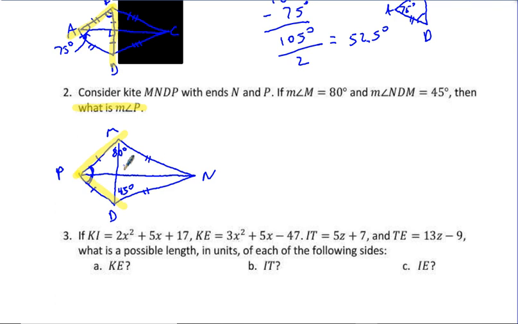The other information that we can place on this image is that this is a perpendicular bisector. PN was a perpendicular bisector of the diagonal MD. Alright, so we know a couple things about this picture.